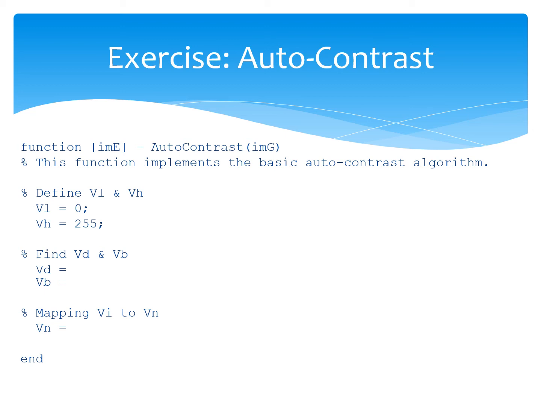Then, we need to look up the minimum intensity level, Vd, and the maximum intensity level, Vb, in the low contrast image, IMG. Once we obtain Vd and Vb, we can use the given formula to map any given pixel intensity Vi in low contrast image to a new pixel intensity level Vn in the enhanced image.